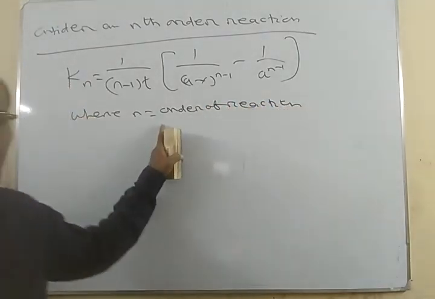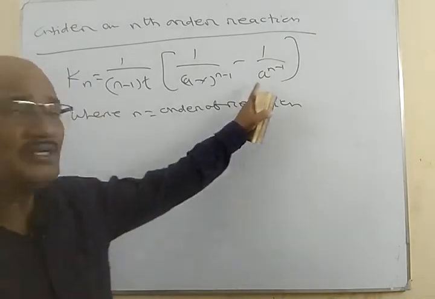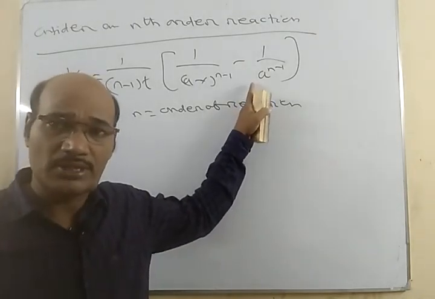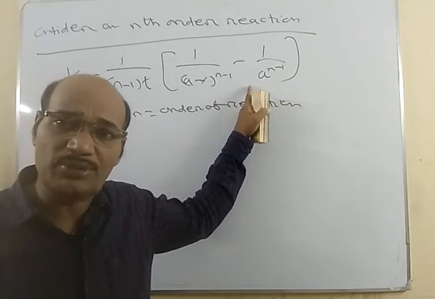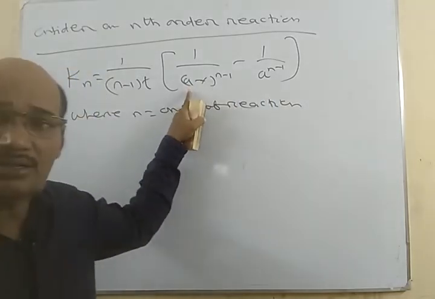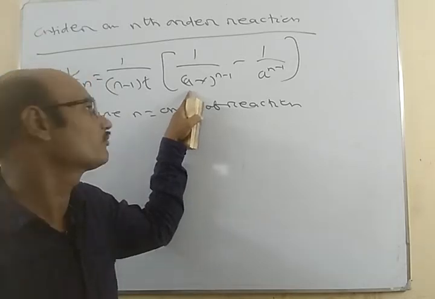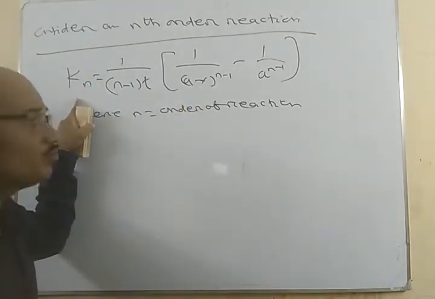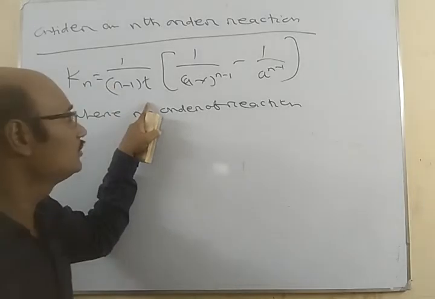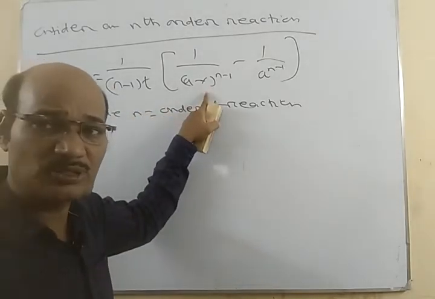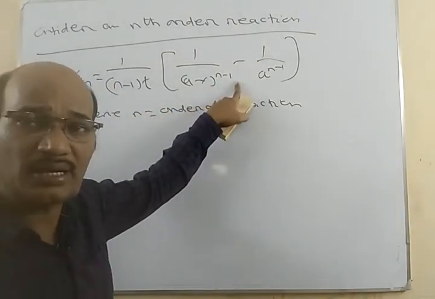So if n is the order of the reaction and a is the initial concentration, x is the amount of a consumed in time t, and a minus x is the concentration remaining at time t, that is the final concentration, then k n equal to 1 by (n minus 1) t into 1 by (a minus x) power n minus 1 minus 1 by a power n minus 1.